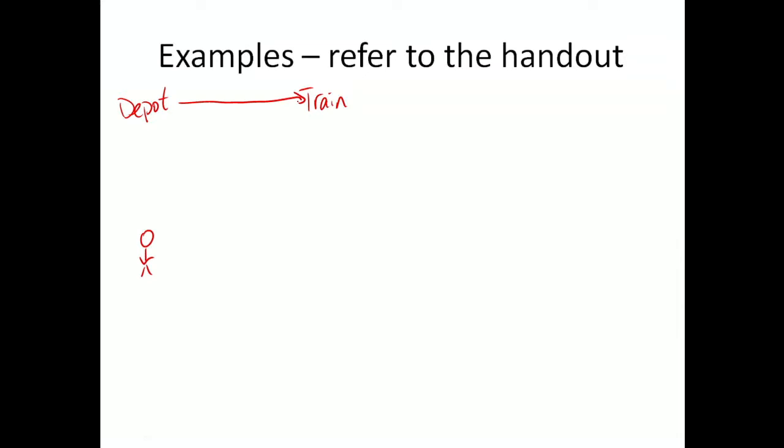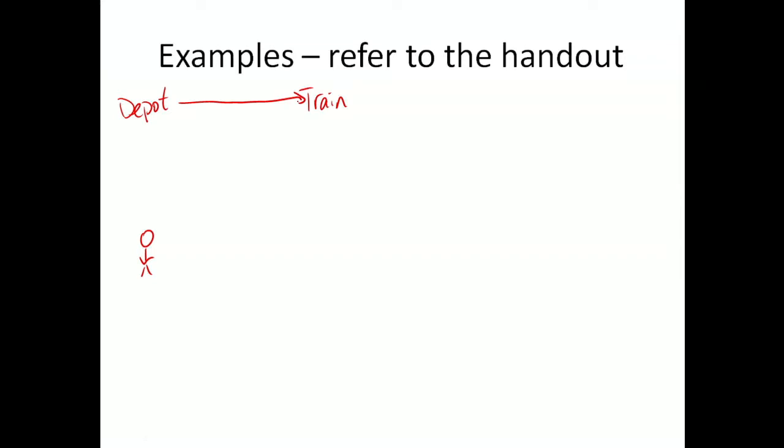Okay, hopefully this isn't too hard yet. I'm pretty much just writing down the description of the problem. I'm not sure what else I would do here except to hopefully realize, and I hope everybody sees, that there's a triangle here, isn't there, right? Between me, the depot, and the train.